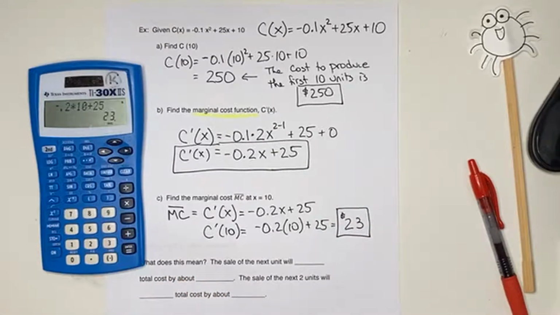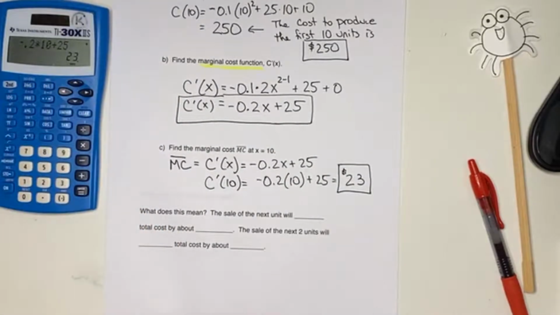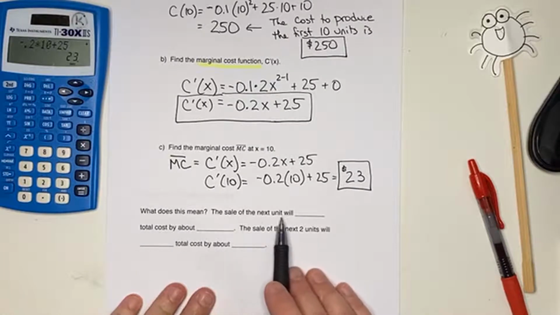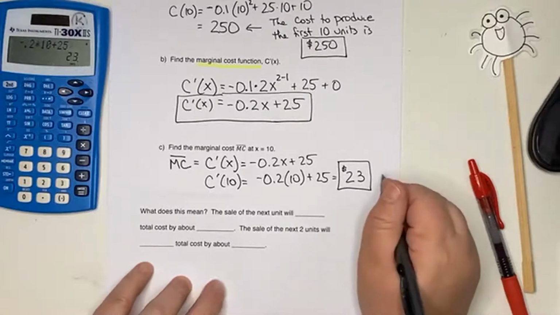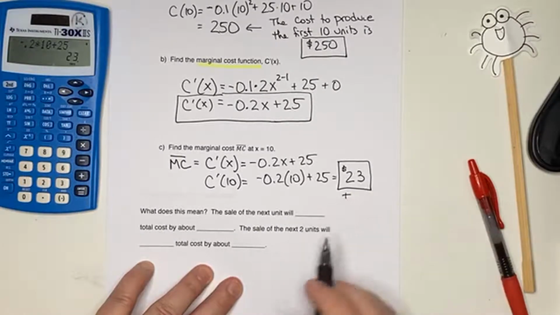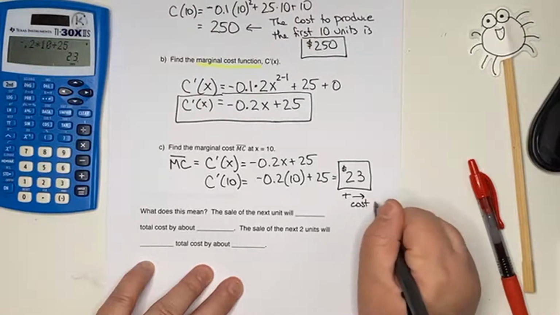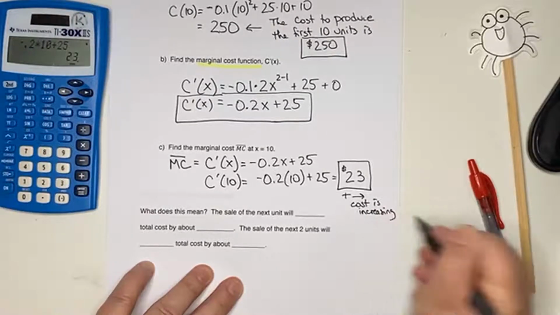Okay, now we have to answer the questions. The awkwardly phrased questions. What does this mean? The sale of the next unit will blank total cost. So this is positive, right? So that means cost is increasing, right?